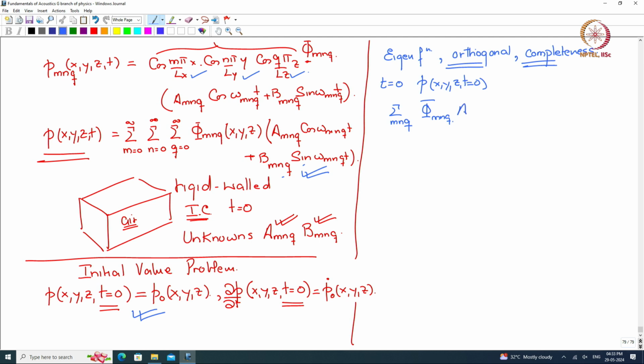So I get A_mnq. This is the left side, and the right side is given, it is equal to p0(x, y, z).